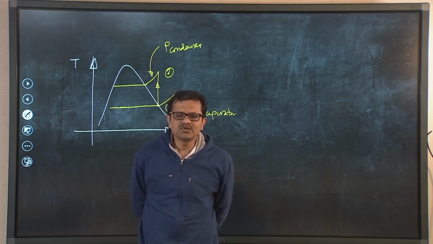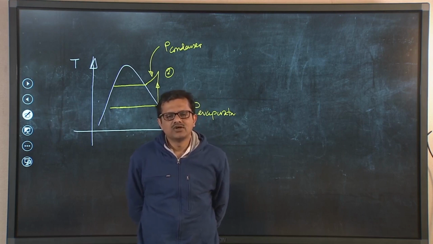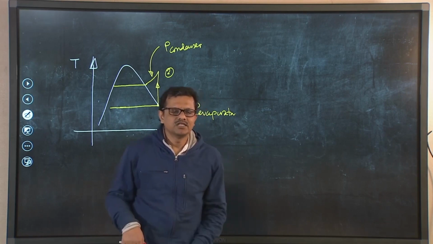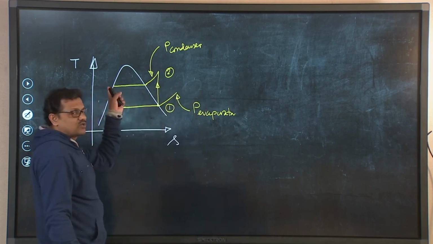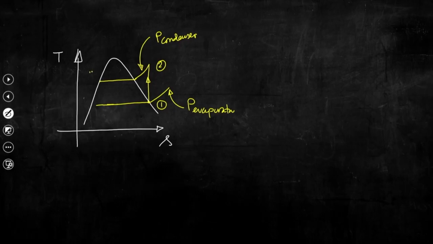So, here also the condenser is provided in this circuit to allow not partial condensation, but condensation up to the saturated liquid. So, this is state point 3, on the saturated liquid line, and this is the process.